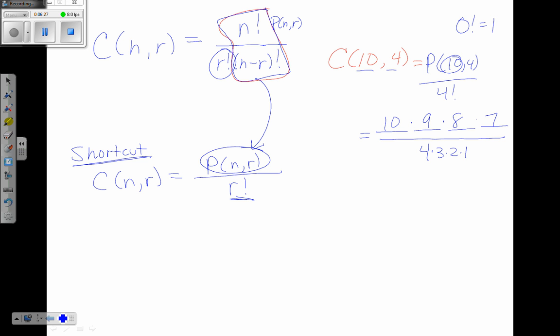Now I'm going to divide things out. 2 times 4 is an 8, leaving me 1 and 1 down there. 3 goes into 9 3 times. So 10 times 3 is 30, and 30 times 7 is 210. So there are 210 combinations of 10 things taken 4 at a time.